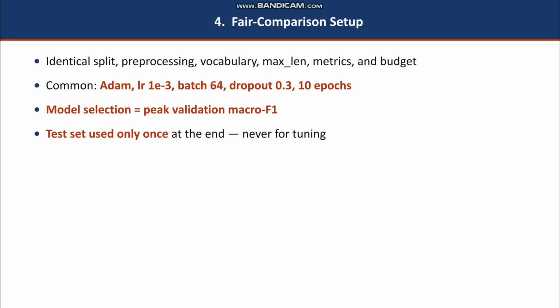For fairness, identical split, preprocessing, vocabulary, max length, and metric. Common settings: Adam, learning rate 1e-3, batch 64, dropout 0.3, 10 epochs.